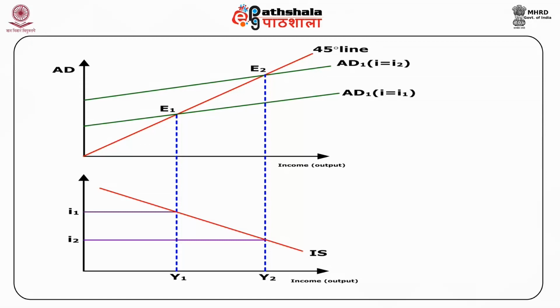As a result of the fall in interest rates, aggregate demand AD increases and the AD curve shifts upwards from AD1 to AD2. Consequently, the income level increases from Y1 to Y2. Joining together all such equilibrium combinations, I1 Y1 and I2 Y2, gives a downward sloping IS curve.